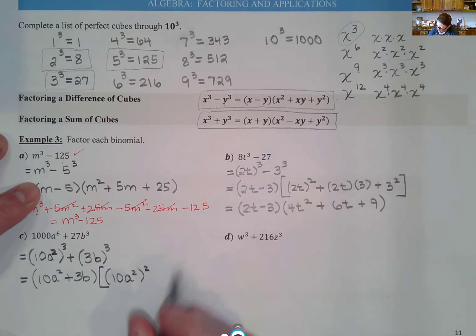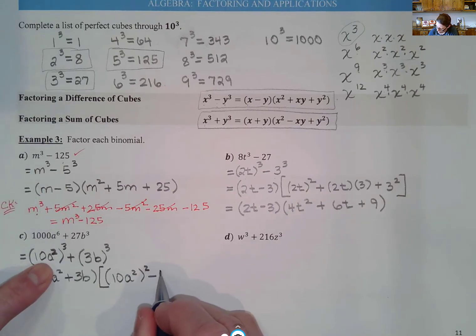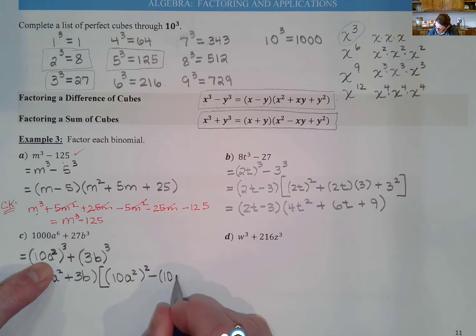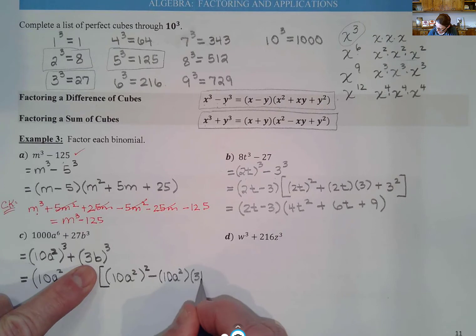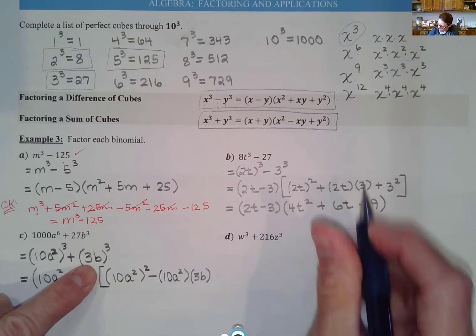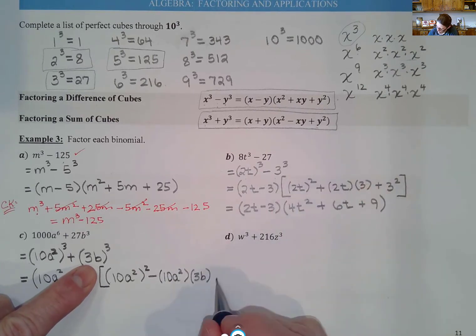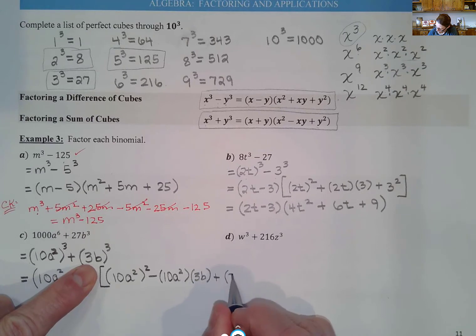In place of minus xy, we write minus 10a squared 3b. And in place of y squared, we write 3b squared.